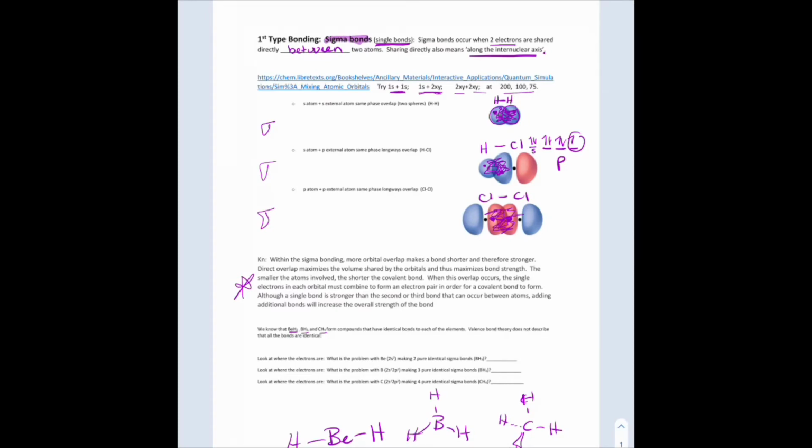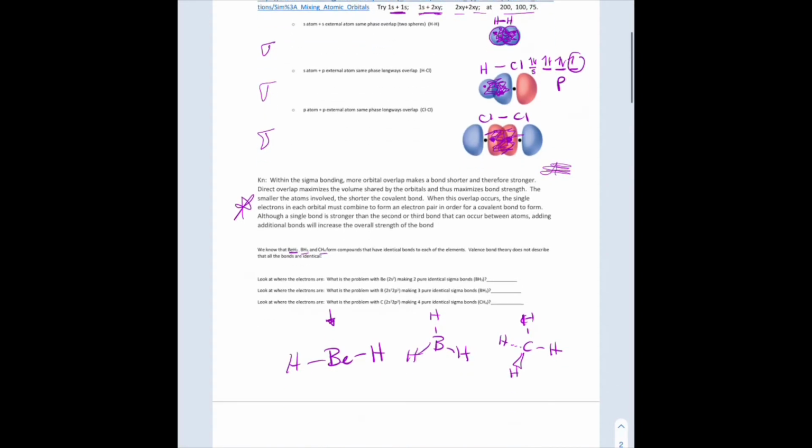All right. So there's a problem with what was just going on, because what these guys are doing looks different than what was going on up in that section above here. So Be looks like this. Here's the guy in the middle. If we do his little configuration, his 1s isn't involved in the bonding, but here's his 2s.